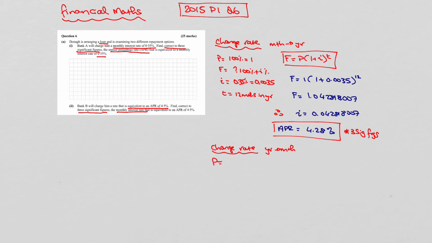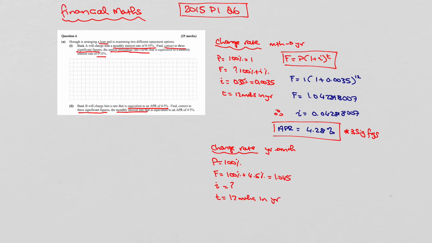So again, we'll say P is 100%. F is going to be the 100% plus this APR of 4.5%. So in other words, that's going to be 1.045 as a decimal. I is what we are looking for. And then our T again is 12 months in a year.